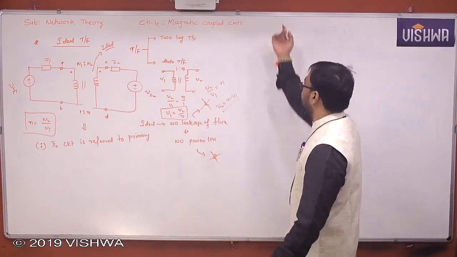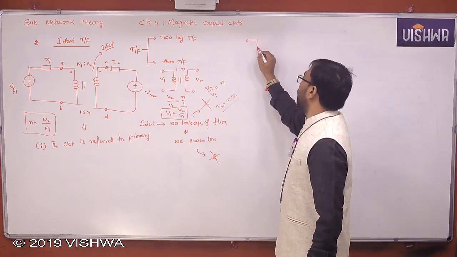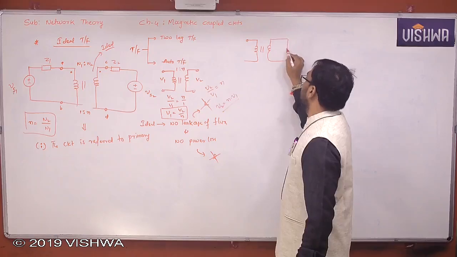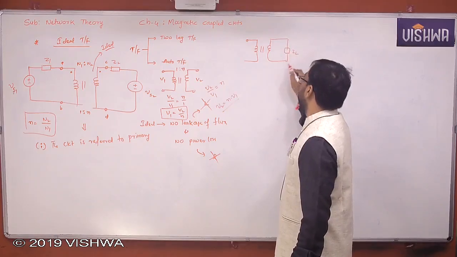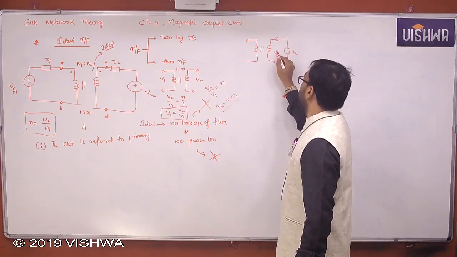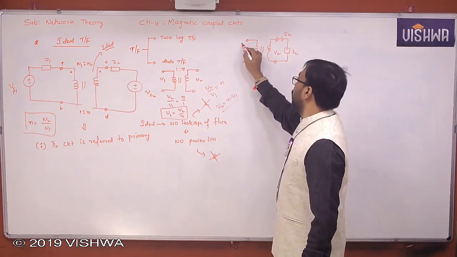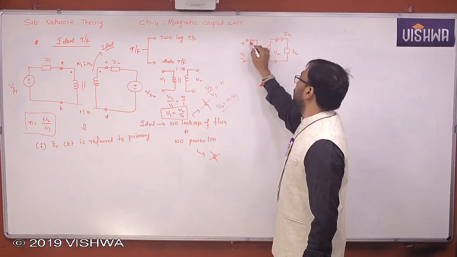Now, next one. Suppose you have some impedance ZL here. This is V2, the current here is I2, the voltage here is V1, and the current here is I1.